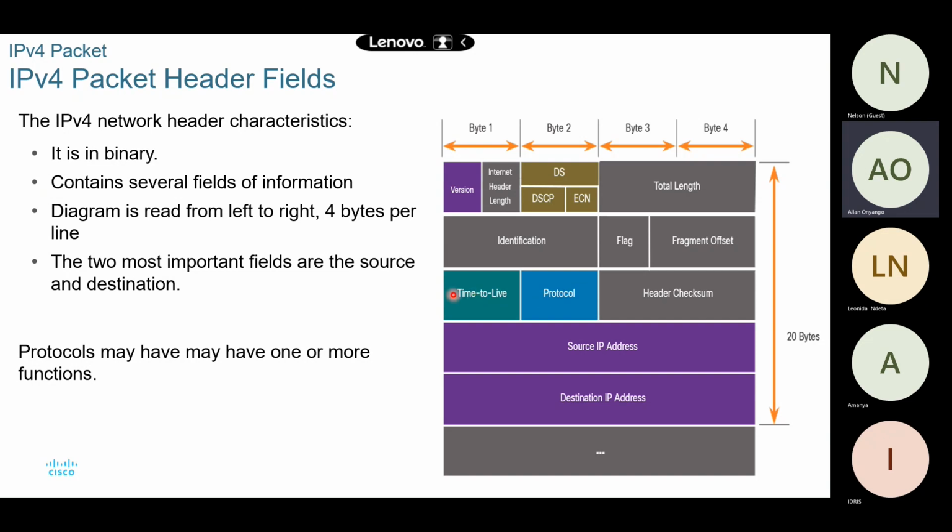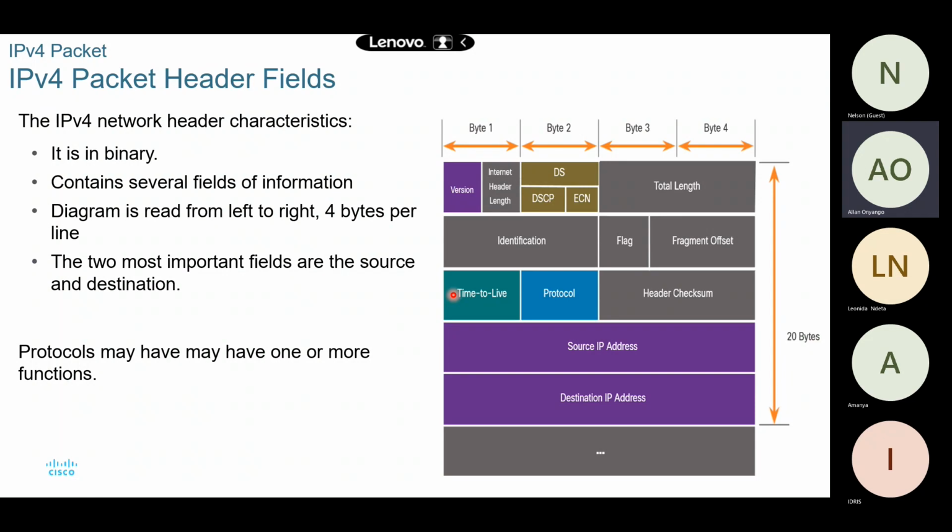Let me talk about time to live. Time to live is the part of the packet which ensures that this packet can never go round and round the internet without reaching the destination. Every packet that leaves a source is given a specific TTL value. Basically, that is just a value. And as a packet moves from one device to the next, one router to the next router, that TTL value is reduced by 1. It moves to the next router, it is reduced by 1.